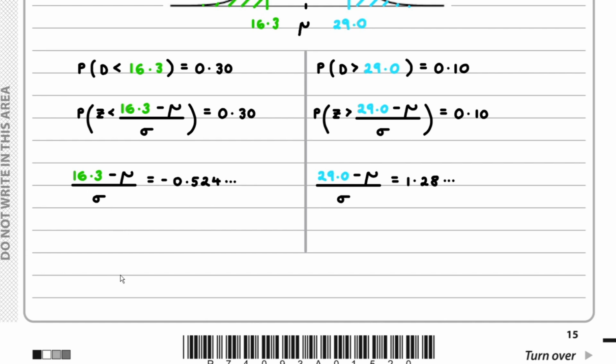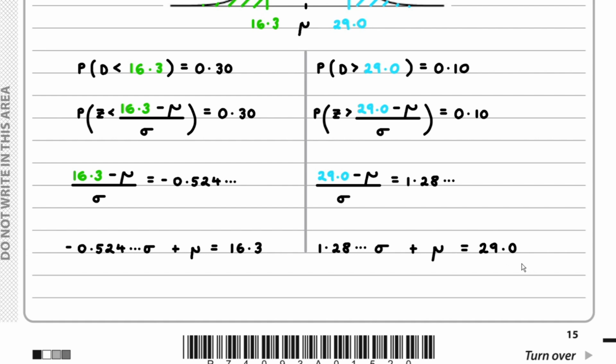Here, if we rearrange, we end up with negative 0.524, etc. sigma plus mu equals 16.3, and if we rearrange this, we have 1.28, etc. sigma plus mu equals 29.0.